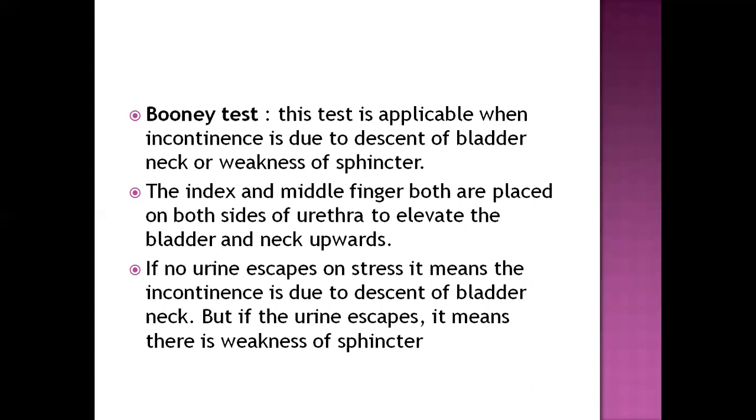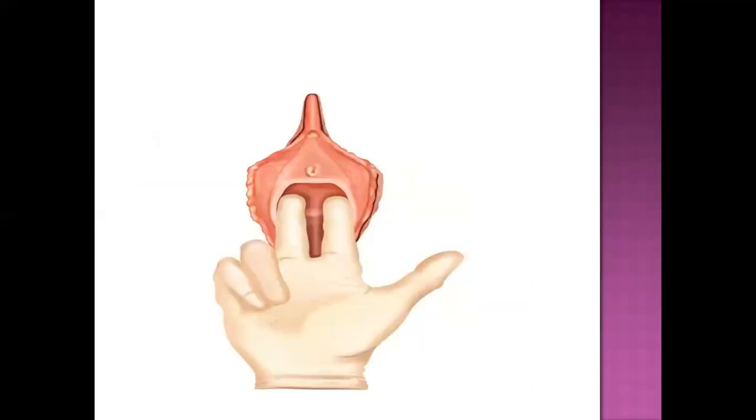Even if there is risk, the patient now is apparently healthy. And what specifically we find here is either weakness of the sphincter or weakness of the neck of the bladder. Neck of the bladder is the tip of the urethra. Remember anatomy.